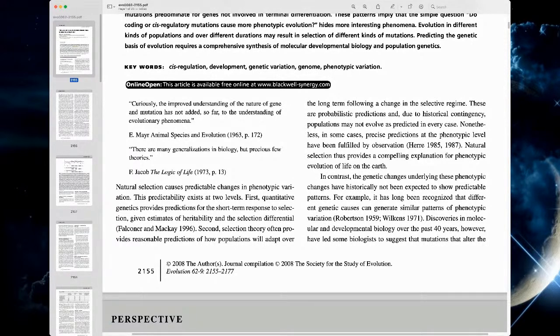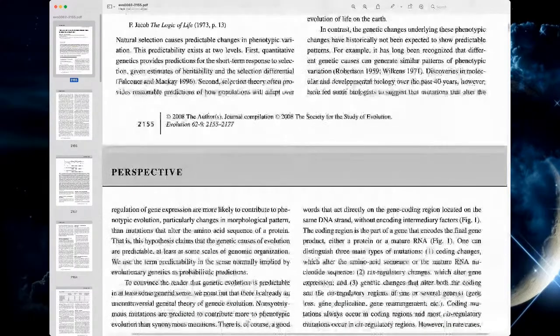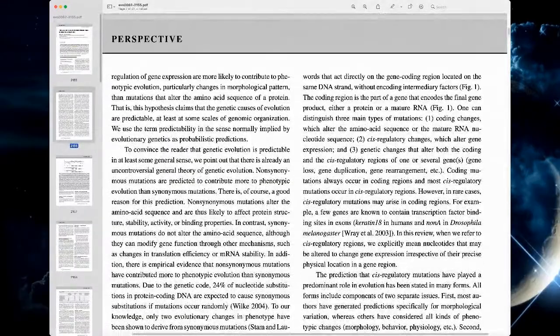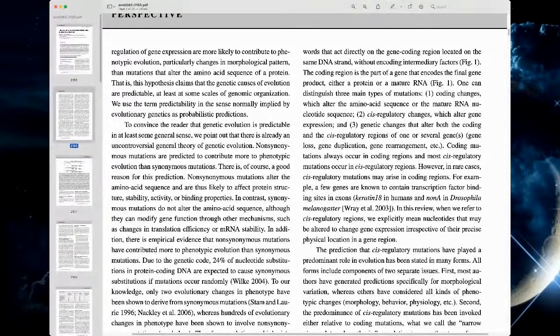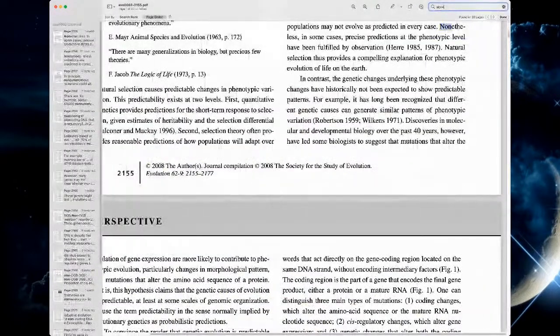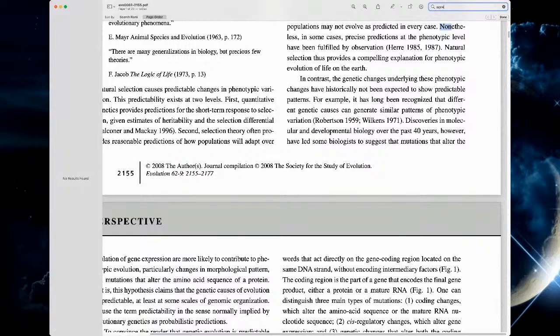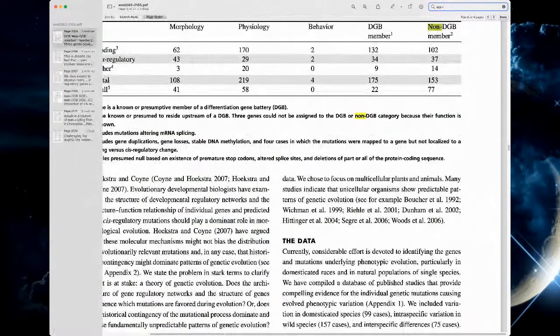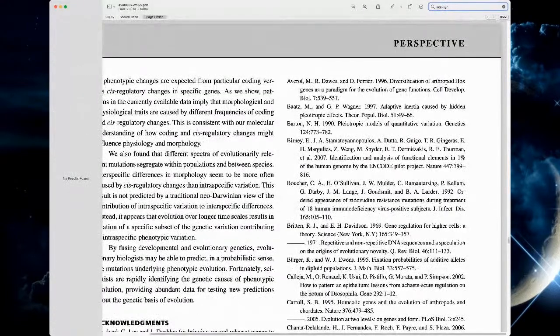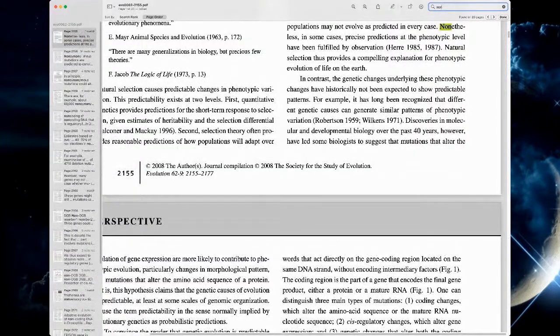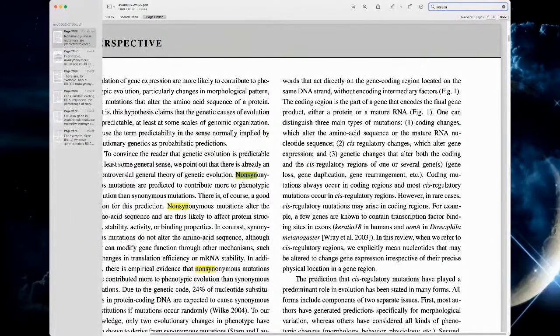Okay. So I think below this or on a different page they mention non-synonymous mutations somewhere. Let's see. Non-synonymous. Oh, whoops. It's somewhere below. Nope. Unless they do one word. Yeah, here we go. Okay, so they spell it with one word.